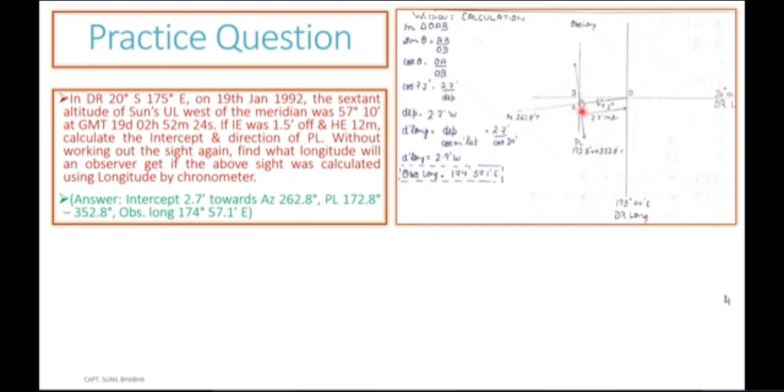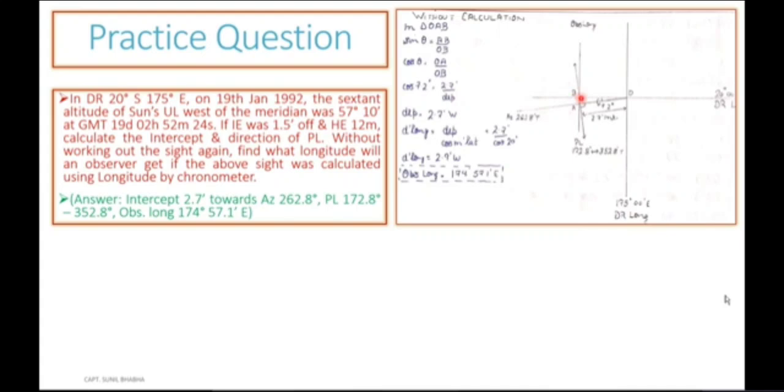Now you see, when we plot the intercept position line, what we observe here is that this position line cuts the DR latitude. You see, this is the PL with the arrows on both the ends, and this is the DR latitude, which is 20 degrees south. The position line cuts the DR latitude at point B, Bravo point in the diagram.